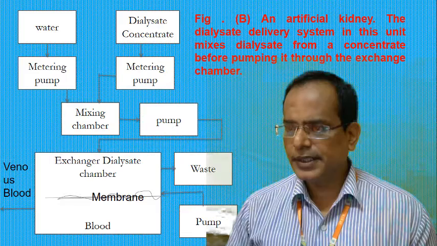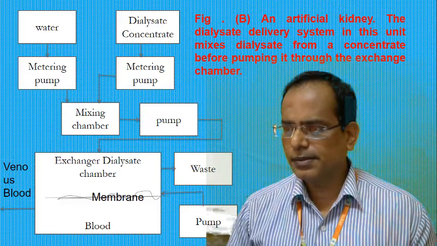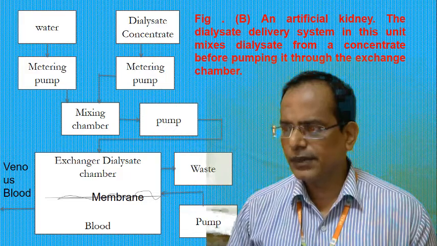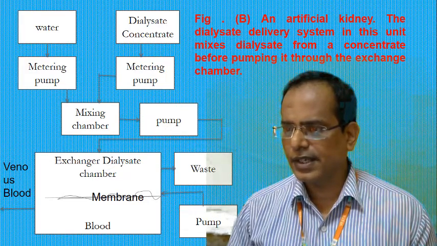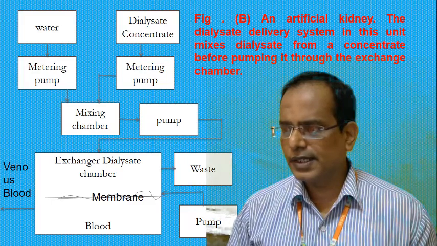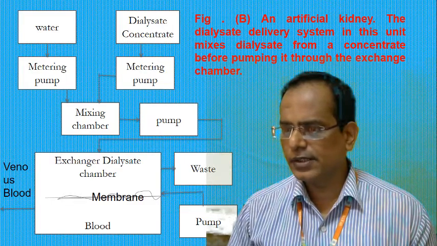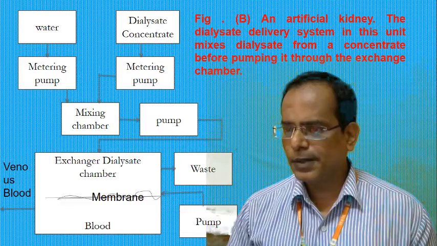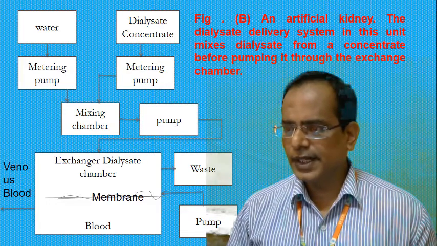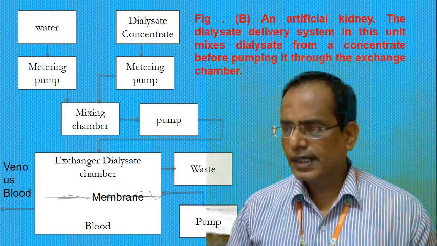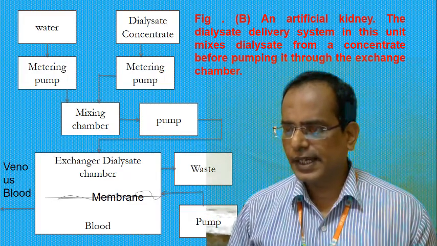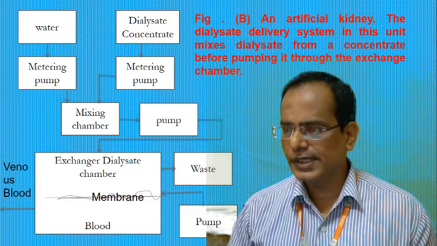It has a limitation that the coil must be fairly long to provide a large effective surface area for mass transport, and thus imposes a relatively high resistance to the flow of blood. For this reason, and to maintain effective blood flow, it is necessary to put a pump in series with the arterial blood supply to increase the pressure.